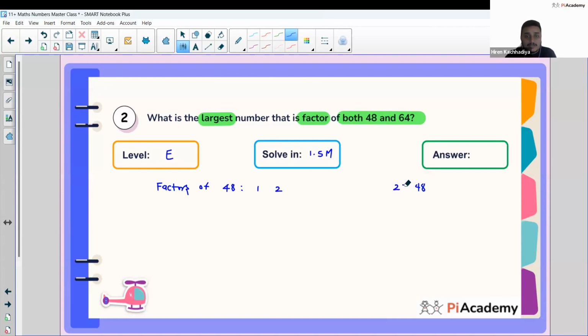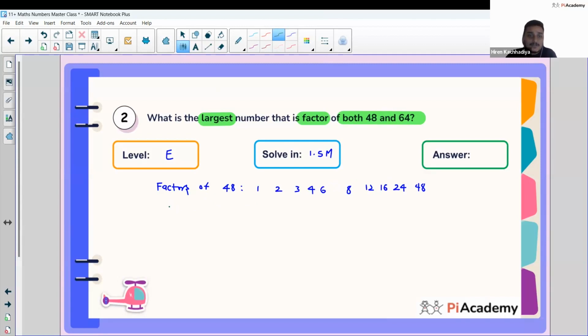And then 3 and 16, and then 4 and 12. Then with the 5, not possible. With the 6, possible. 6 and 8, right? And there is only one number in between them, 7. So 7 is not possible, okay? So this way you will complete the factors of 48 list, okay?